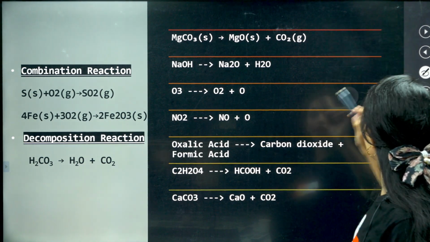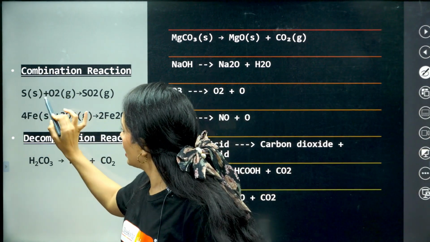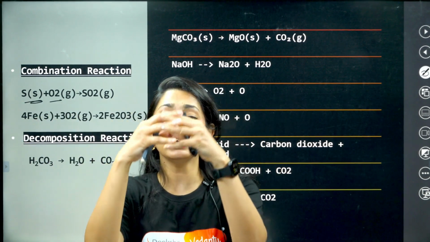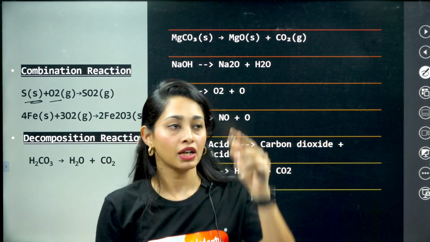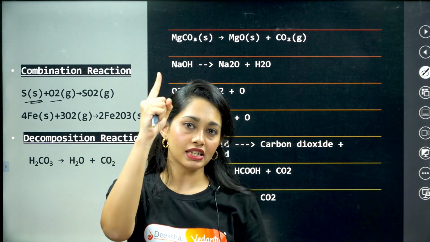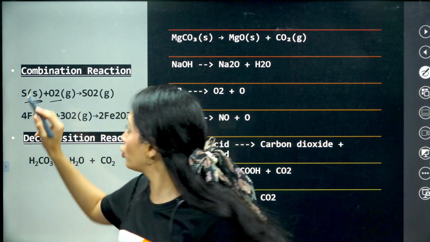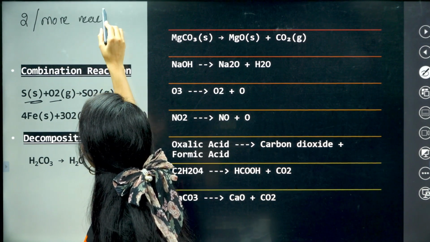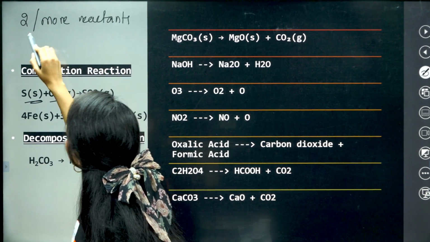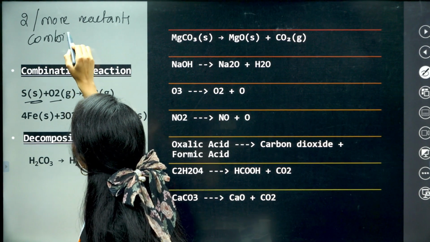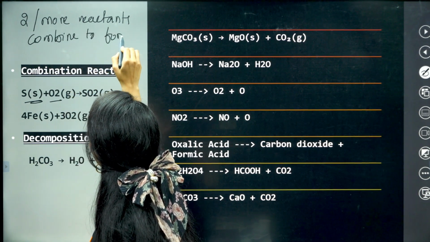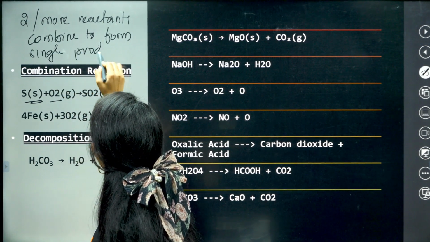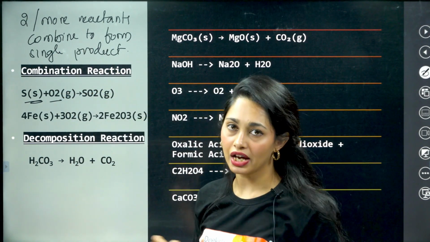In a combination reaction, there are two reactants combining to form a single product, or two or more reactants combine to form a single product. That is combination reaction.